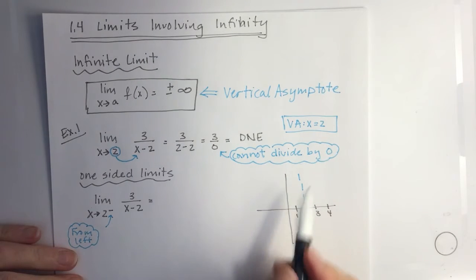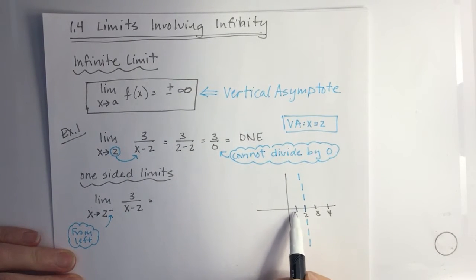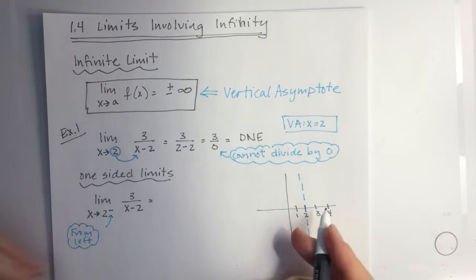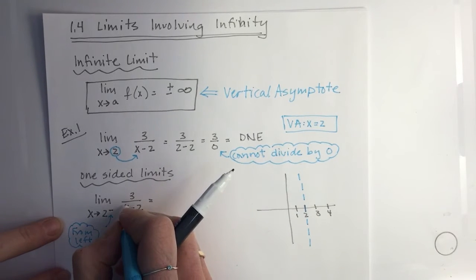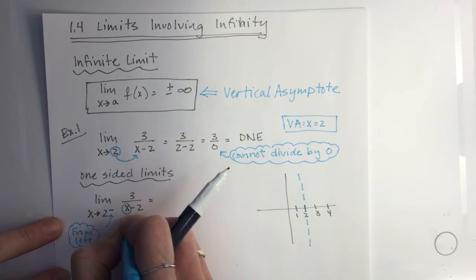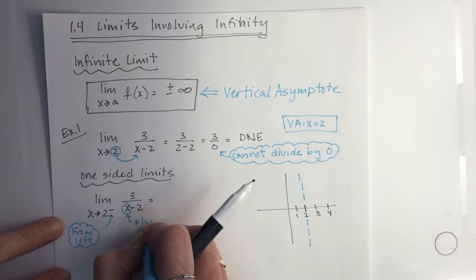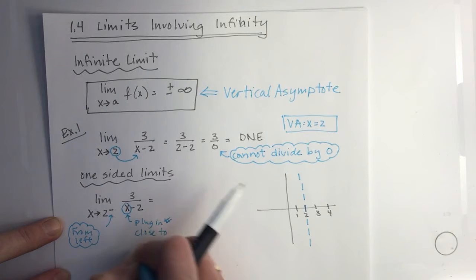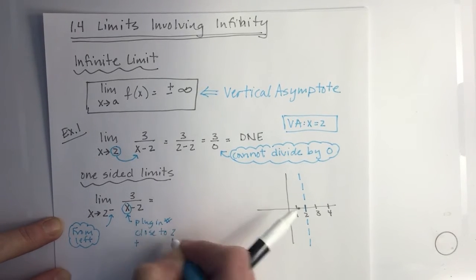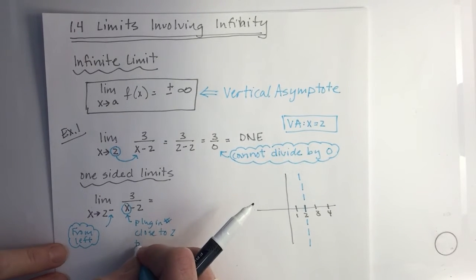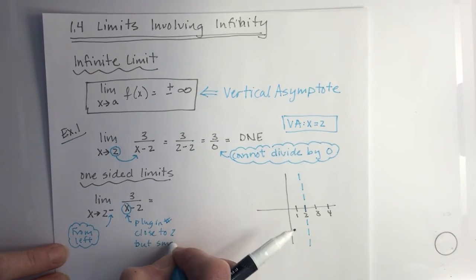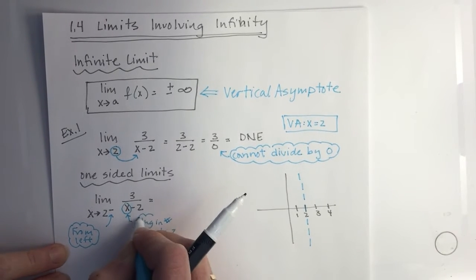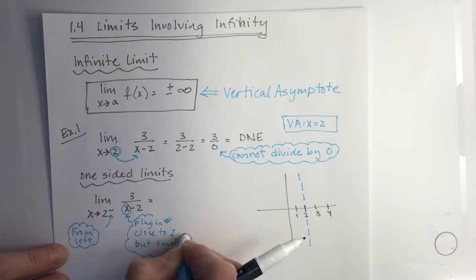And from the left side, meaning over here, it's going to be really close to 2, but slightly smaller. Okay, so we're going to plug in a number close to 2, but smaller. So that's our thinking bubble there, right?